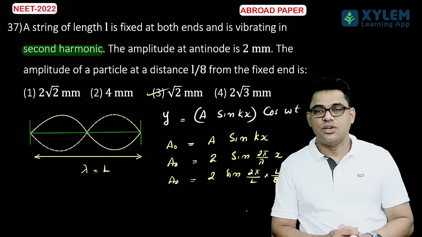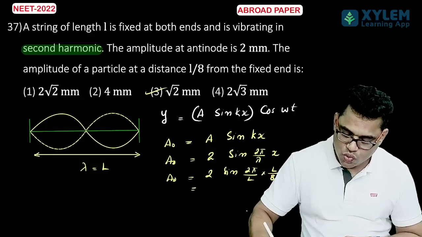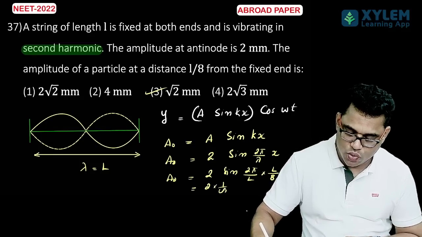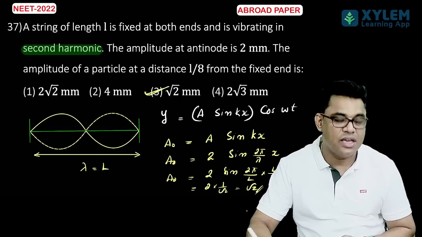Therefore, what you get is 2 sin pi by 4. That is 2 into 1 by root 2. In such a way that you will get root 2. That's the answer which I have already told you.